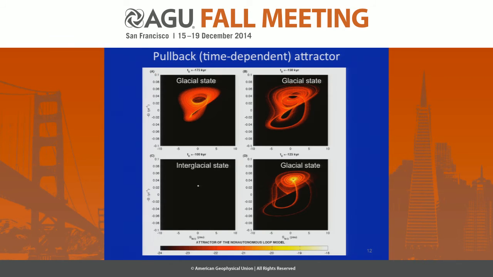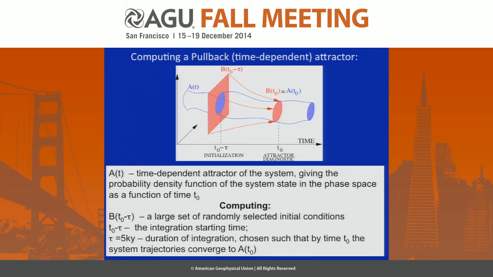So we went further and tried to produce time-dependent attractors of the system behavior, the so-called pullback attractor. The idea is we have a time-dependent attractor. We run a large set of initial conditions that converge to an attractor at a given time t naught.